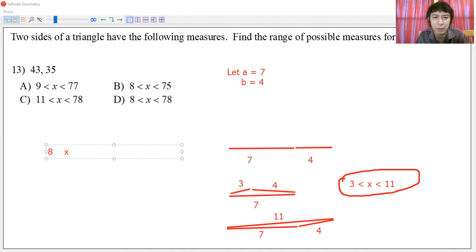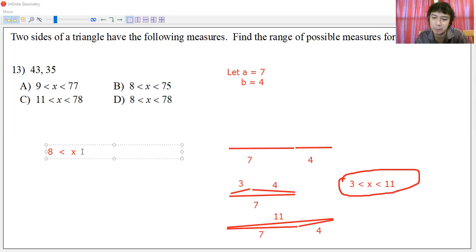So x is greater than 8, or 8 is less than x. Now, the sum of 43 and 35 is 78.